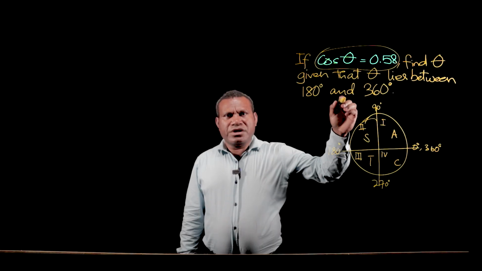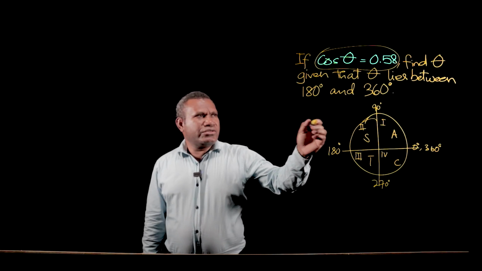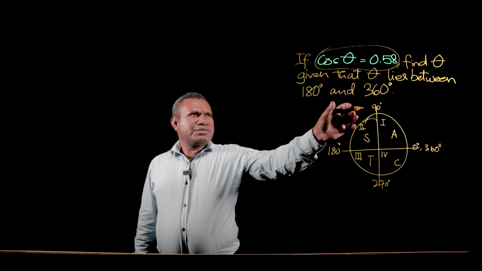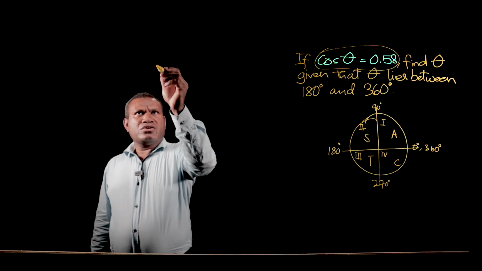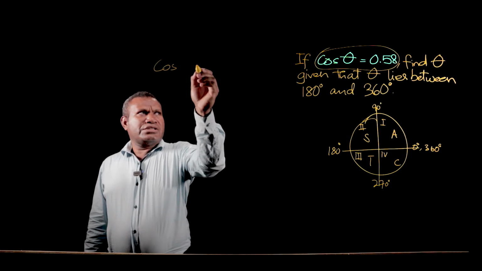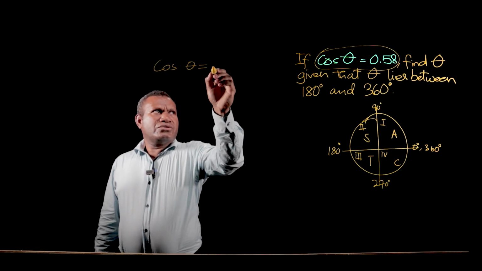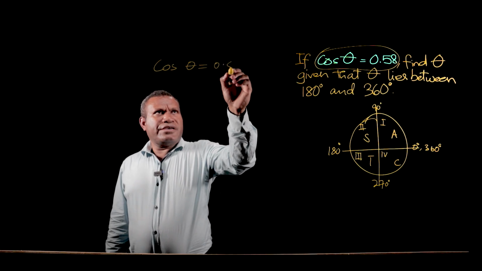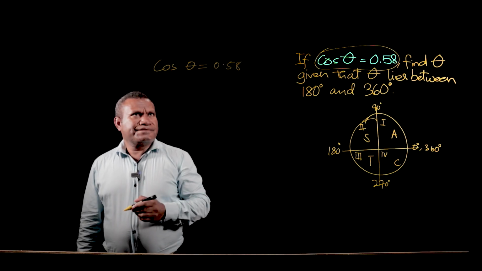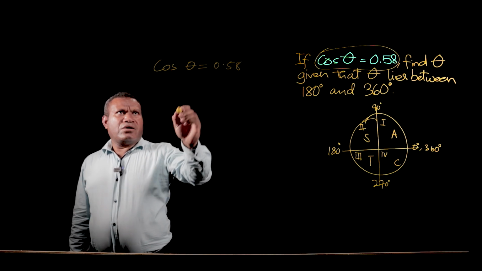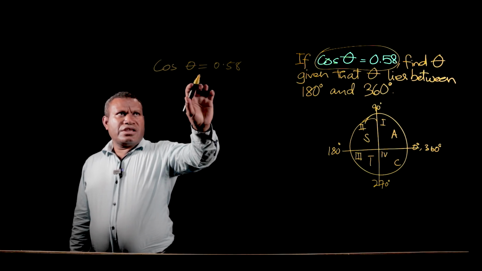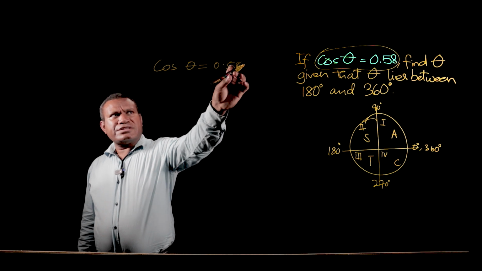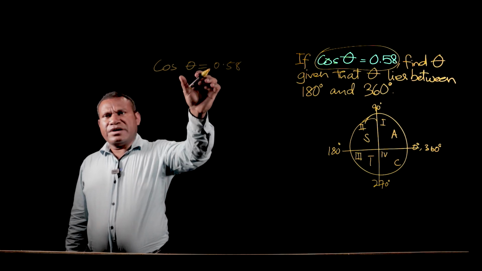This is the equation that we are required to solve, and the angle theta must be found between 180 and 360. So if you are going to solve this, cos theta is equal to 0.58, all you have to do is, using your scientific calculator, take the cos inverse of this number and you'll find a value for theta.